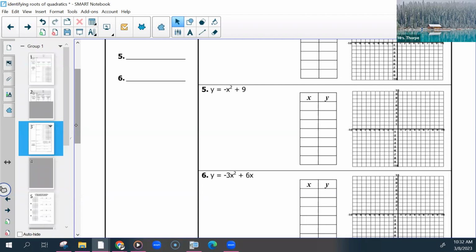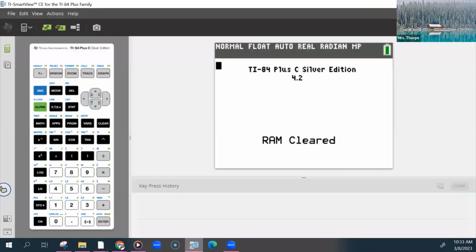If not, just grab a different one. Go ahead and reset your calculator before you do anything else.